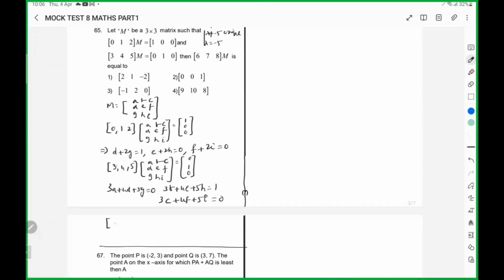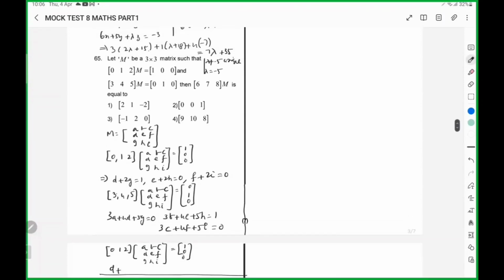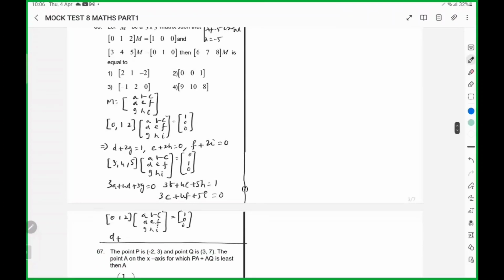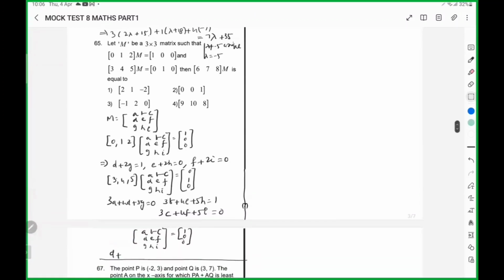Similarly, here another possibility is M times 6, 7, 8 with A, B, C, D, E, F, G, H, I, in which it is given as 1, 0, 0. From here, D plus 2G and so on.